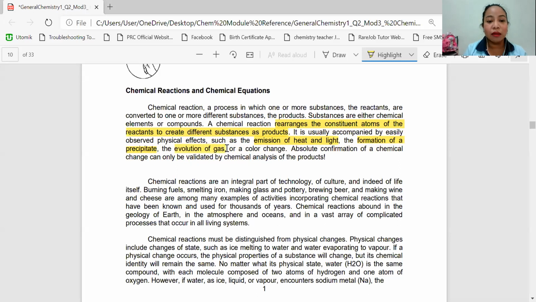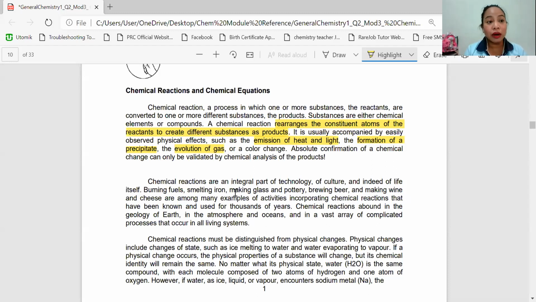Evolution of gas, the bubbling. Example, when you put water and detergent powder together, it bubbles, and you can feel the heat when you stir it. So there is an evolution of gas.